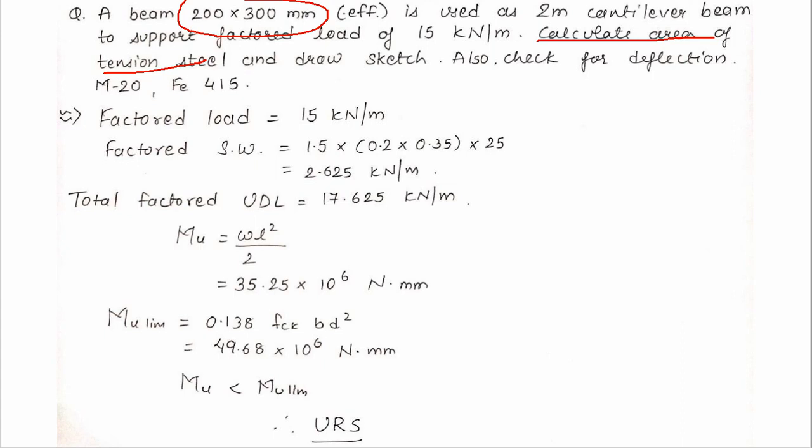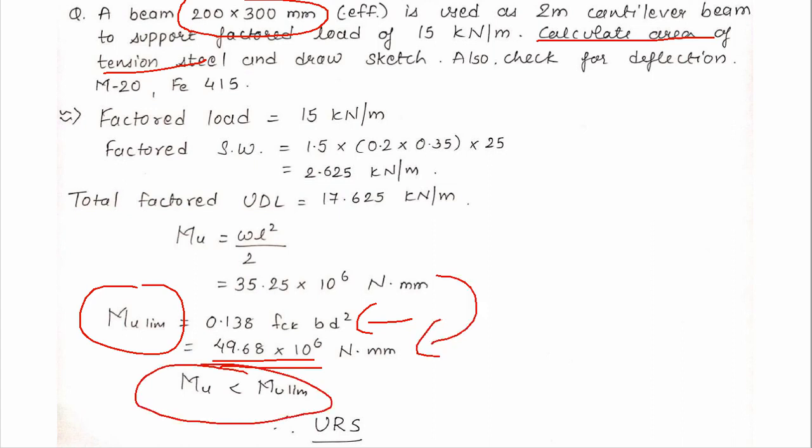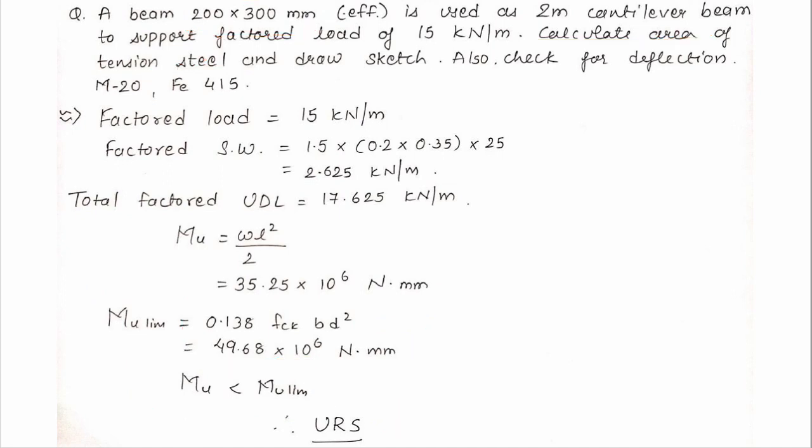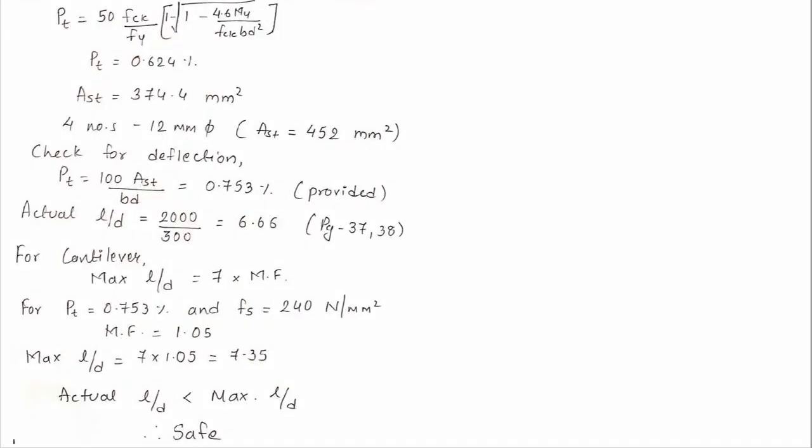So here we need to find Mu lim, and as we have seen previously, it comes from the equation 0.138 fck bd square, which comes out to be 49.68. Comparing this value, Mu is less than Mu lim, so the section will be under reinforced. Now moving on, we need to find Ast, and the steps for Ast are always similar. We first find pt and then Ast.